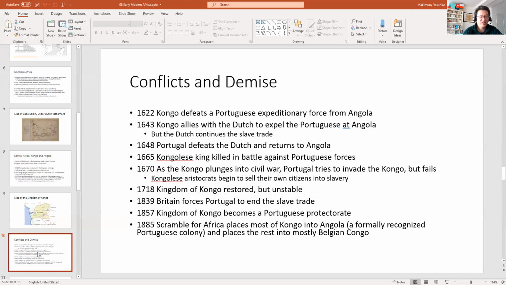Contact with the Portuguese basically causes a flowering of Congo culture. You can actually see images of Congolese aristocrats painted in the Renaissance style. It also causes the Congolese to be the dominant power in the region for a while. But when you do engage in the slave trade, first you think that you're selling your enemies into slavery, but then when the buyers say that's not enough, you begin to come up with harsh penalties, or you try to make sure that the debts are collected in a timely fashion, and you try to get more people into slavery that way through legal means.